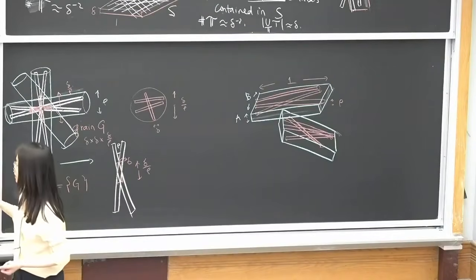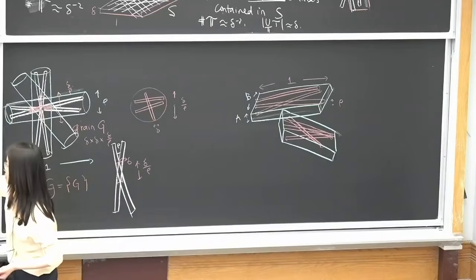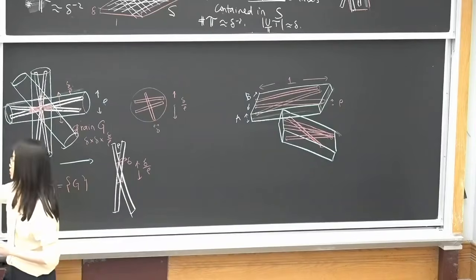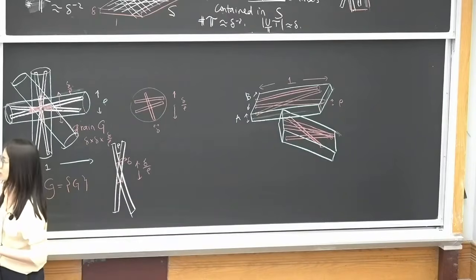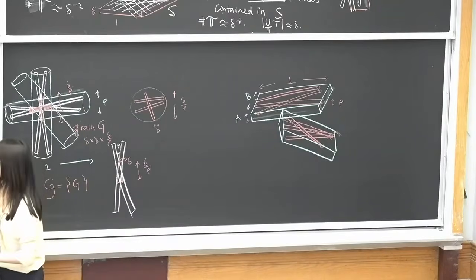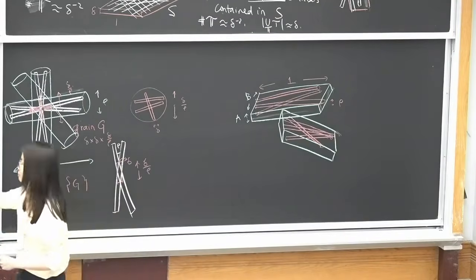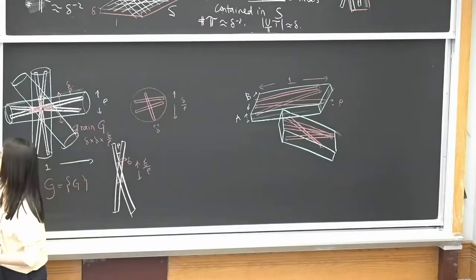But there is a reason why people use this instead of grains. The reason is that even though this T rho does not necessarily obey the Kakeya assumption, it still has some nice properties coming from the Kakeya assumption.